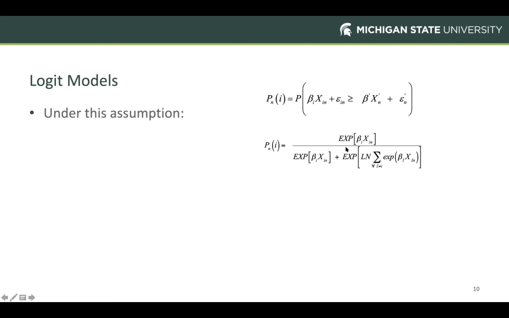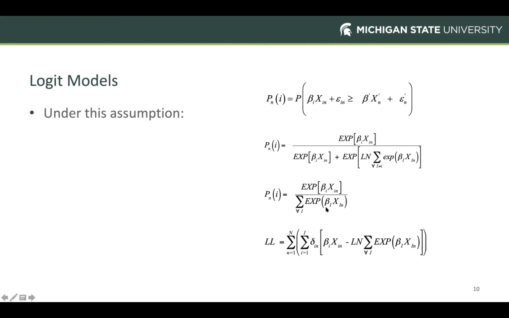We can exponentiate the utility function for any given alternative, and take that over the sum of the exponentials of the utility functions for all of the competing alternatives. At the end of the day, if we wanted to calculate the probability of an individual selecting outcome i, we could do so using this expression we see right here.